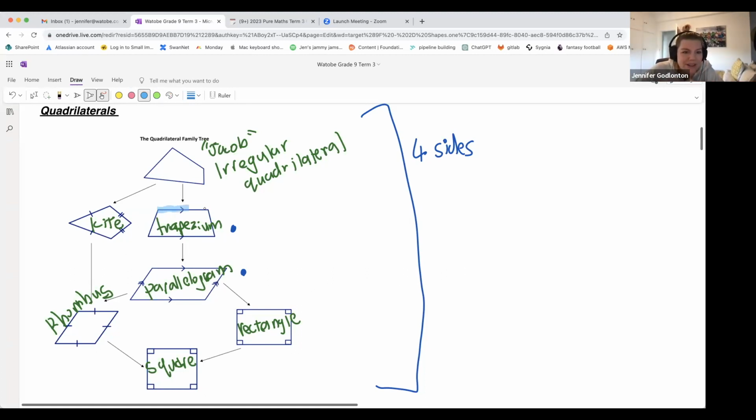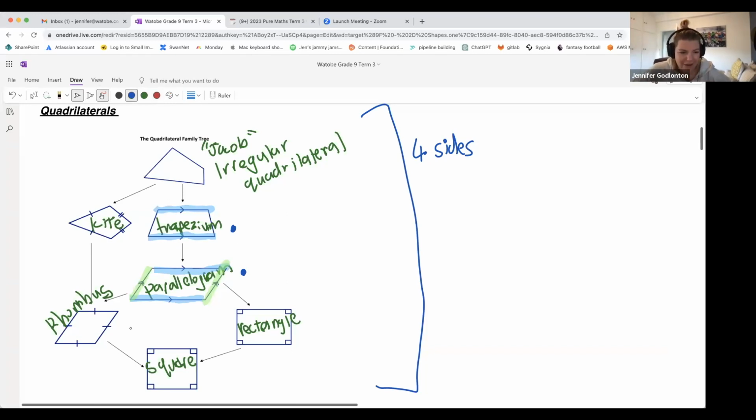Beautiful. So this and this line are parallel in a trapezium, and in a parallelogram, this line and this line are also parallel, but we're taking it one step further and saying that that line and that line are also parallel. So it's got two sets of parallel lines. Beautiful.